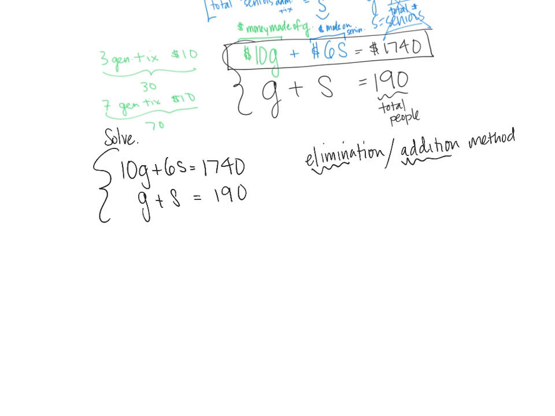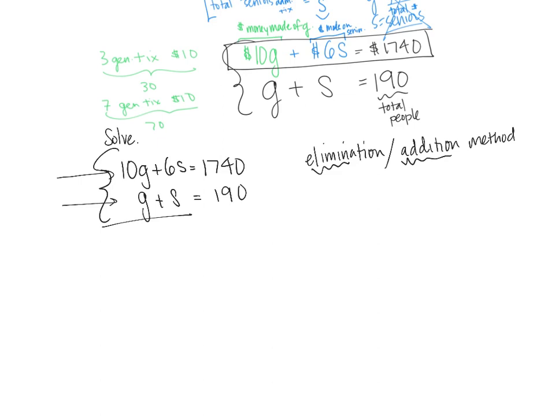And so when I look at the equations that I have, if I were to try and just add the equations together, if I add the lefts together, because those two guys are equal, like if I add this and then I add this, since G plus S is equal to 190, if I add G plus S to one side and 190 to the other side, I'm still maintaining balance.